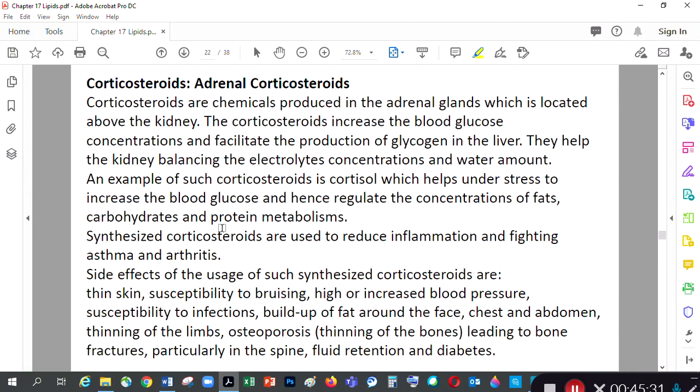Corticosteroids are used, as I said, for inflammation, fighting asthma, fighting arthritis. But in all this, whatever good things they are doing, with the manufactured ones given to the patients, we have a problem of side effects. So what are those side effects? Well, you can see they make the skin very thin. The body of the patient will be susceptible to bruising.